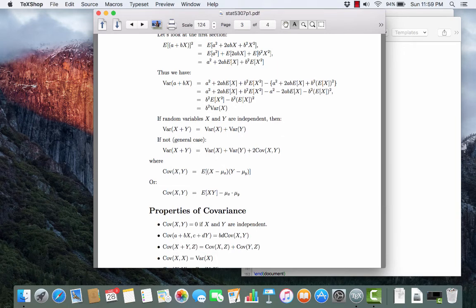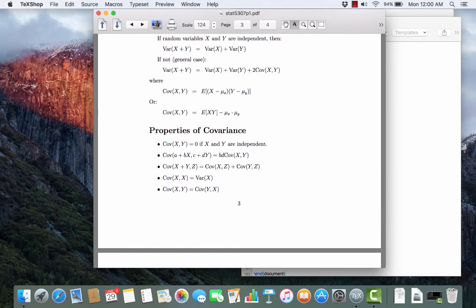The general case, if they are not independent, then you have the variance of x plus the variance of y plus 2 times the covariance of x and y, where the covariance is the expected value of x minus mu of x times y minus mu of y. Or the second definition, expectation of x times y minus mu of x times mu of y.